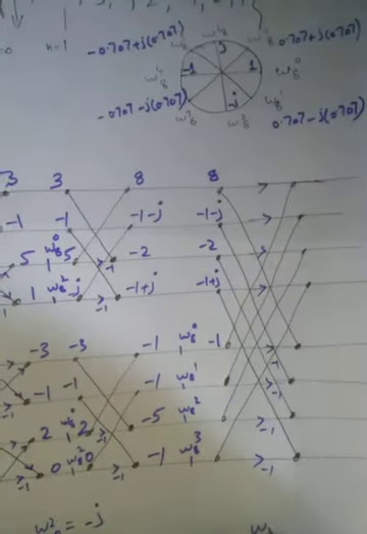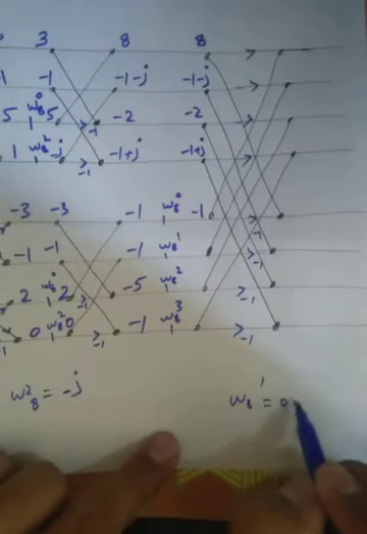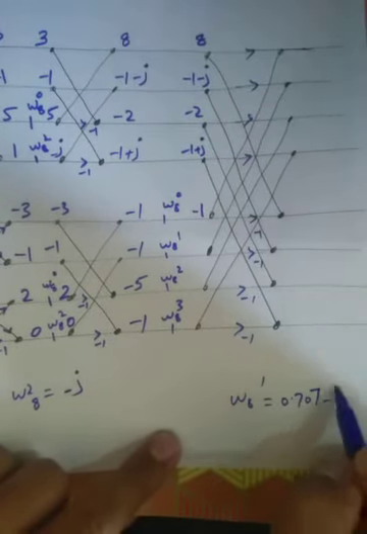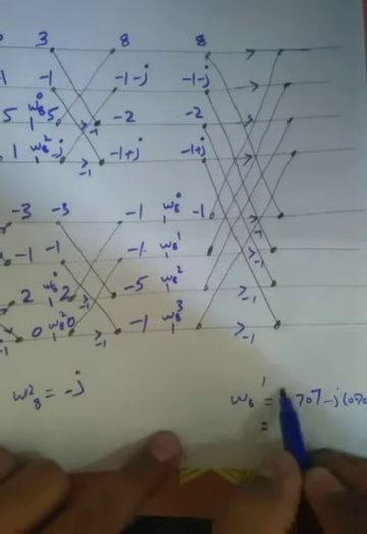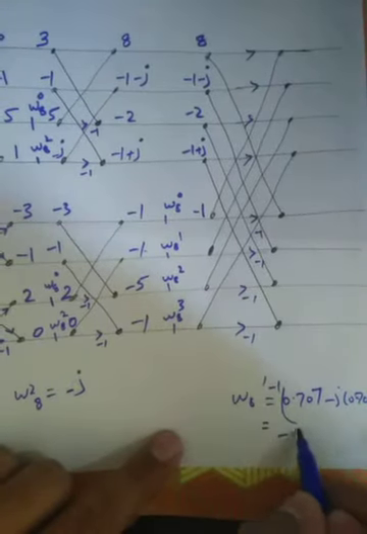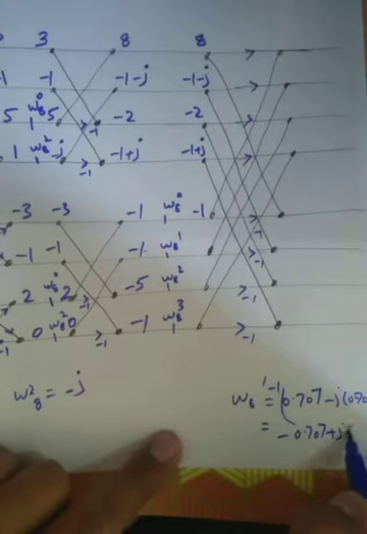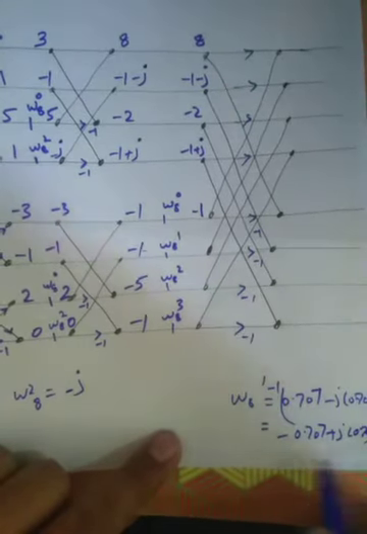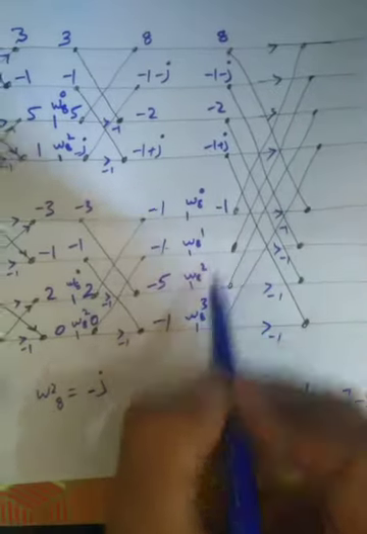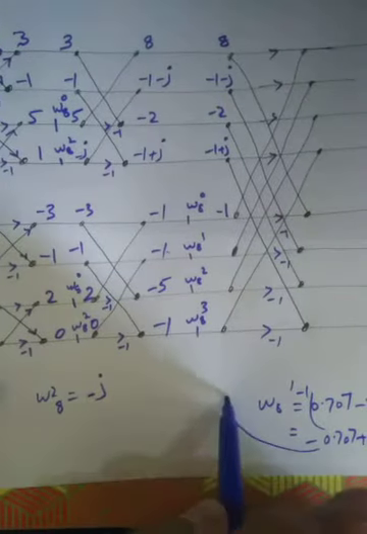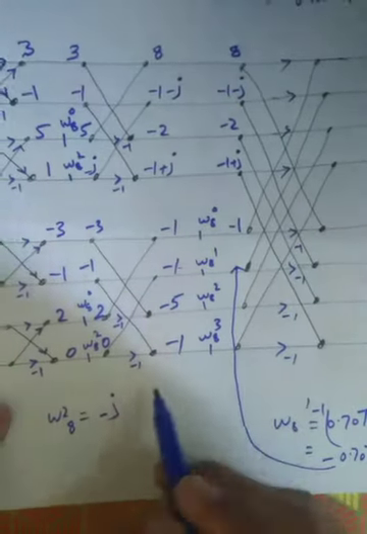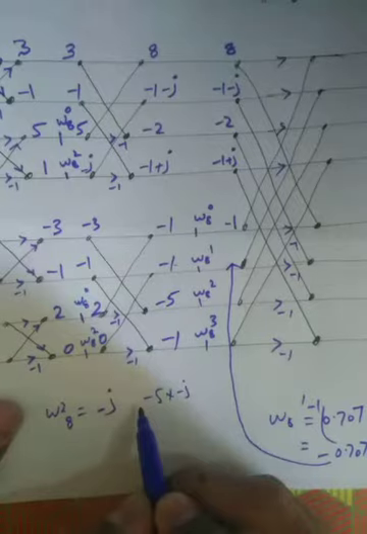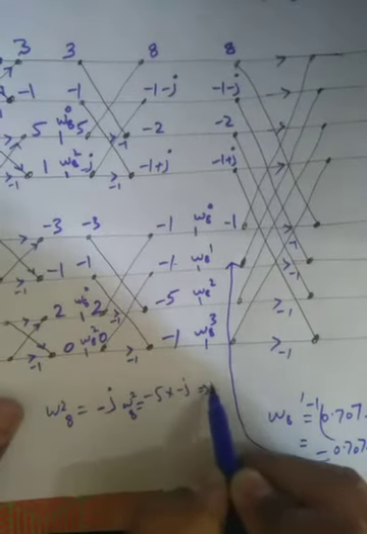W8 of 1 is equal to 0.707 minus j into 0.707. So this minus 1 will multiply this, and this will become minus 0.707 plus j into 0.707. Similarly, here I will put this value, minus 0, and then W8 of 2 is equal to minus j, so minus 5 times minus j is equal to plus 5j.